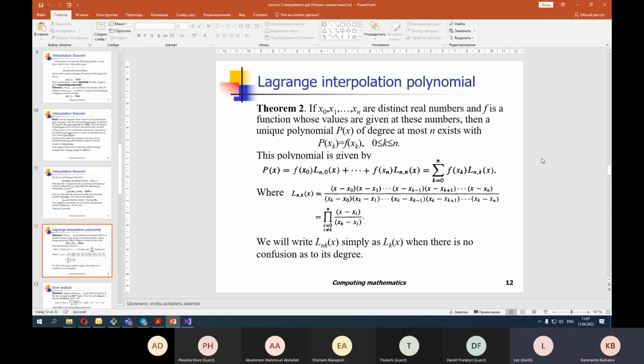Now I should change the plan of the lesson, because usually we find this polynomial using pen and paper, but today we consider how to find this polynomial using a computer, how to write a program that finds the coefficients of a polynomial.